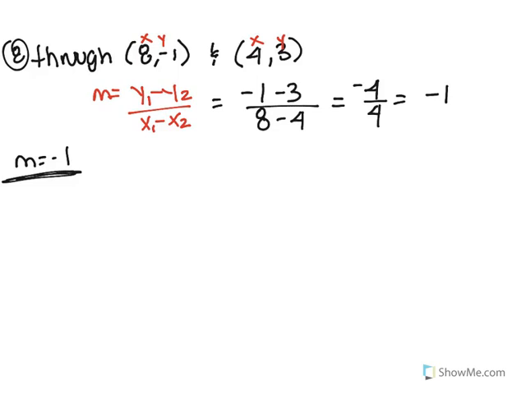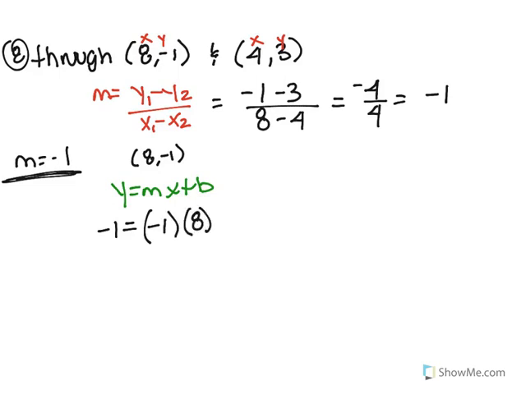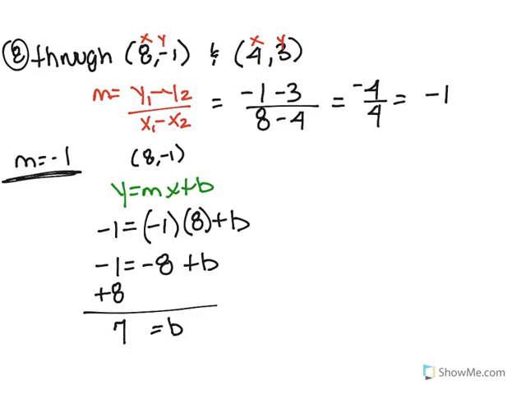If you were to use that first point, then our y would be negative 1, our m is negative 1, and our x is what, 8? That gives us a negative 8. And what are we going to do with negative 8? Add it. And so negative 1 plus 8 is 7.